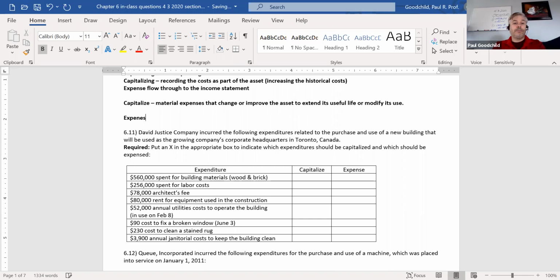Expenses are the maintenance and utilities, plus normal repairs that don't change the asset or its useful life.